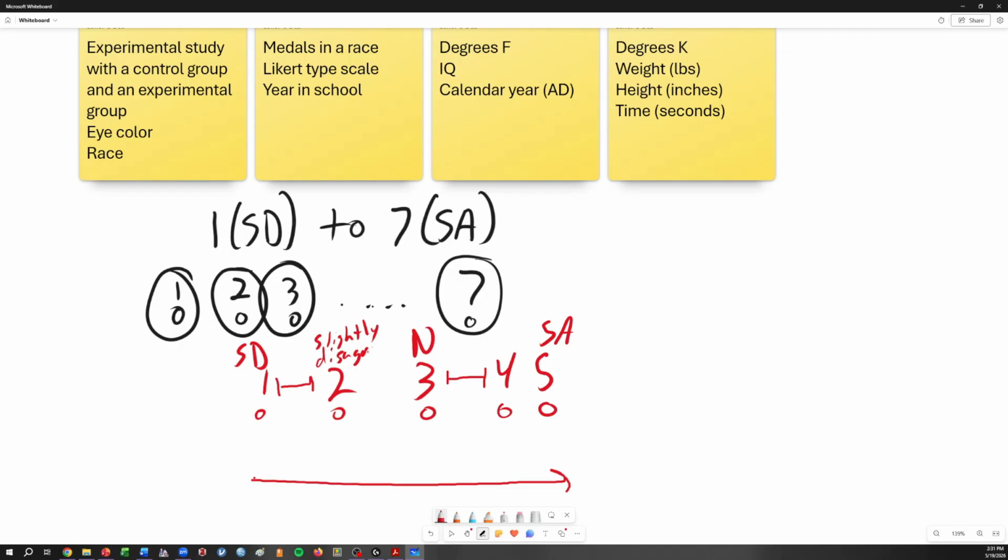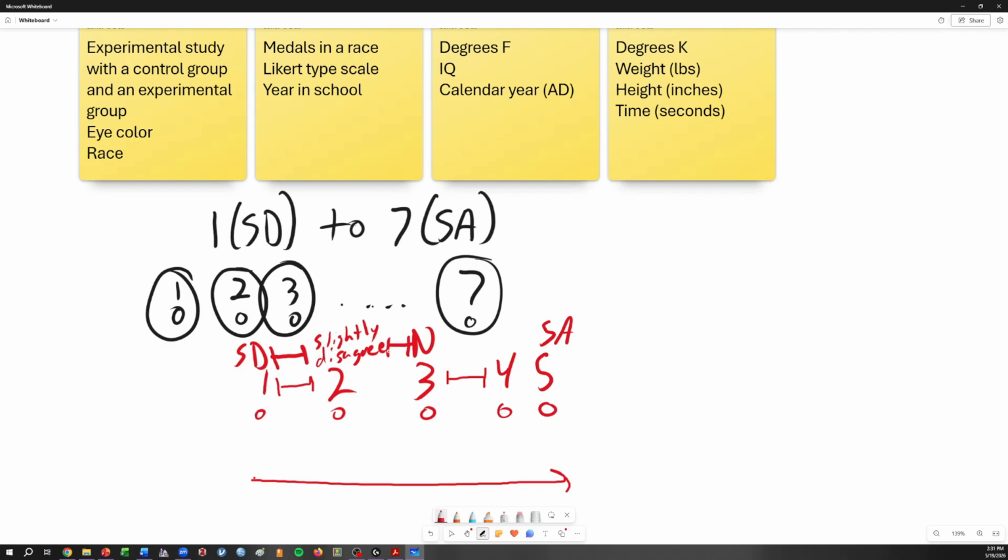And yes, participants are answering with a 1, a 2, a 3, a 4, and a 5, which is seemingly the same distance between each. But who is to say that the distance between strongly disagree and slightly disagree is the exact same as slightly disagree and neutral?